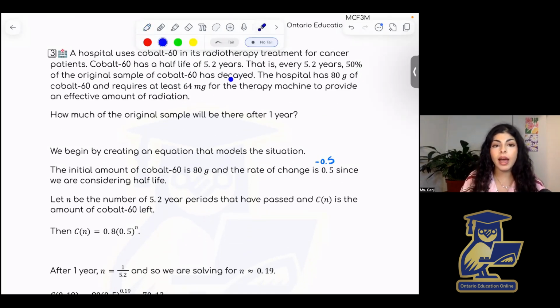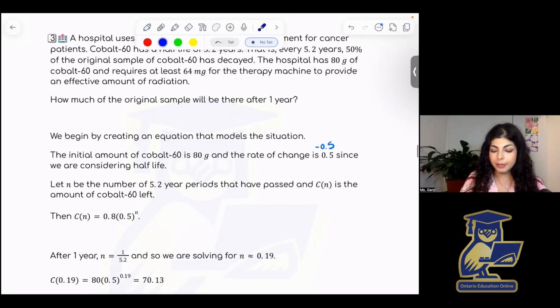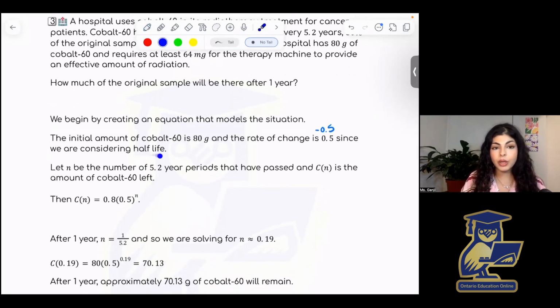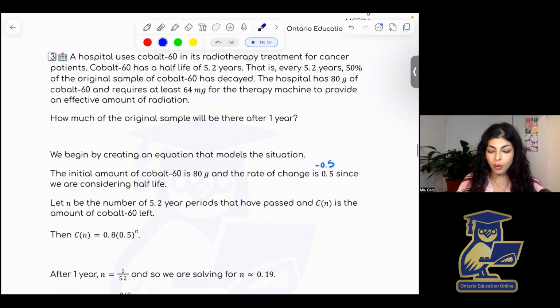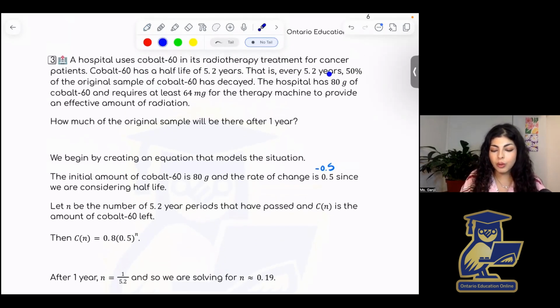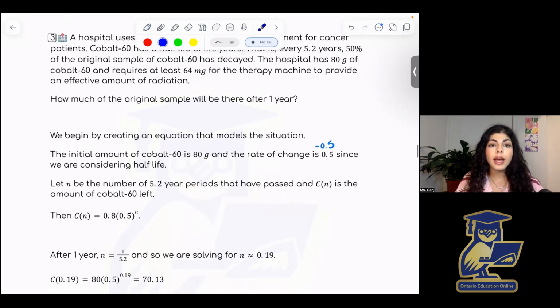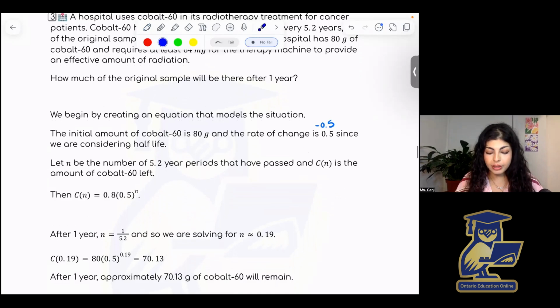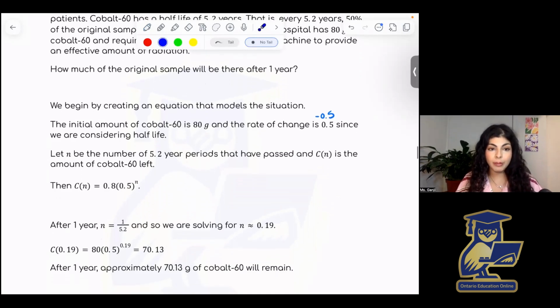So decay, or exponential decay, comes from decreasing functions. Especially when you are given half-life, that means the population is going in half. As it was said here, if you start with 100 grams, then after 5.2 years you have 50 grams, because 50% has decayed. So after 1 year, for when we have 80 grams, we're trying to solve how much cobalt-60 we have.